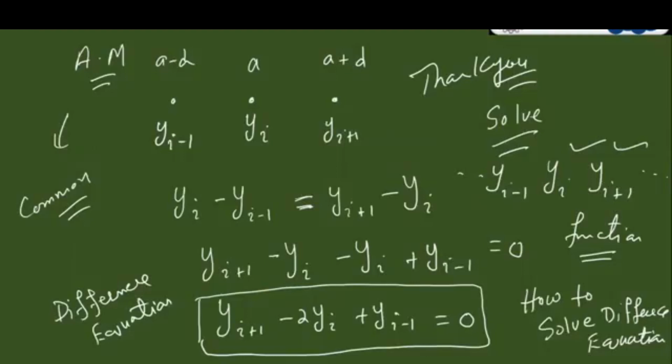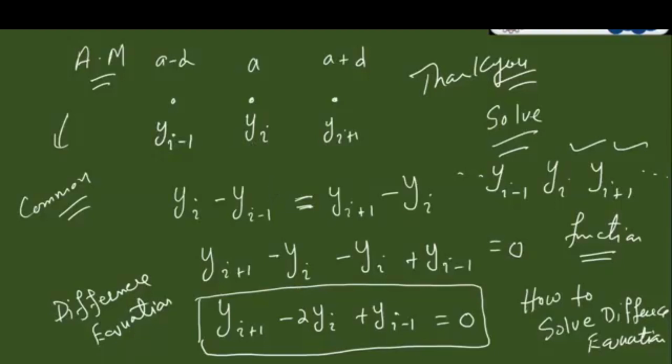I gave you the example of an arithmetic sequence, which is a discrete set of data where the difference of two consecutive values is always the same. This is one of the definitions. If we formulate this in the form of an equation, we always end up with a difference equation. The reason is that a difference equation is just like a differential equation; the only difference is that the variables involved are discrete in nature.